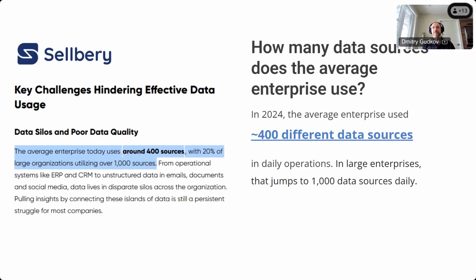Another research. We talked about 100 cloud and SaaS applications, but how many data sources in general can exist in an enterprise? That number is even bigger. According to another research made by Selberry in 2024, the average enterprise used around 400 different data sources. Think about that, 400 different data sources. Just listing all of them would take several pages.